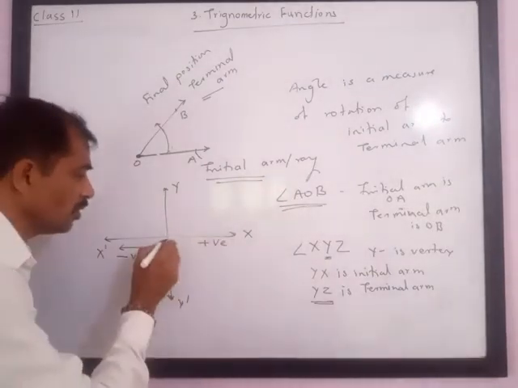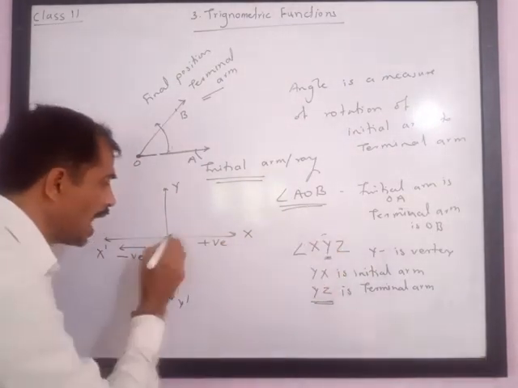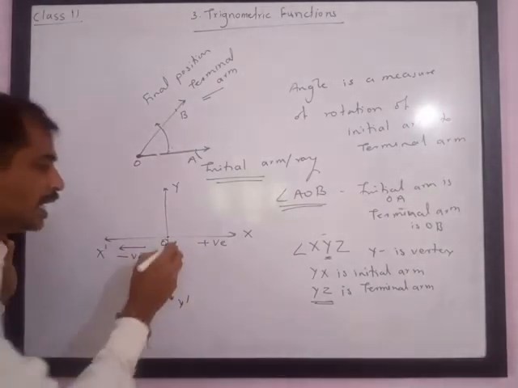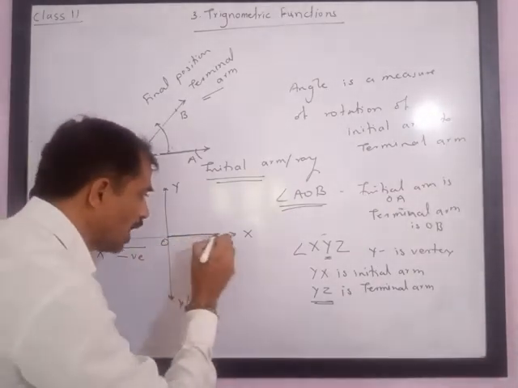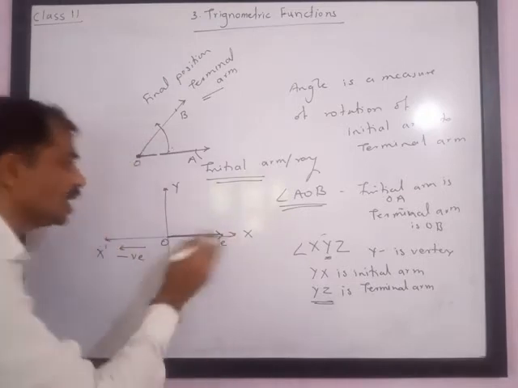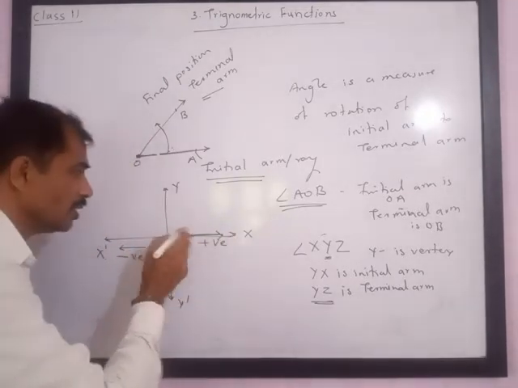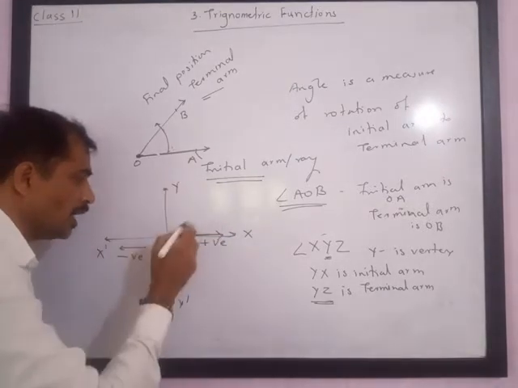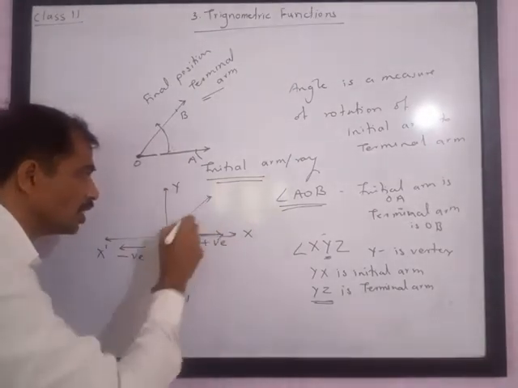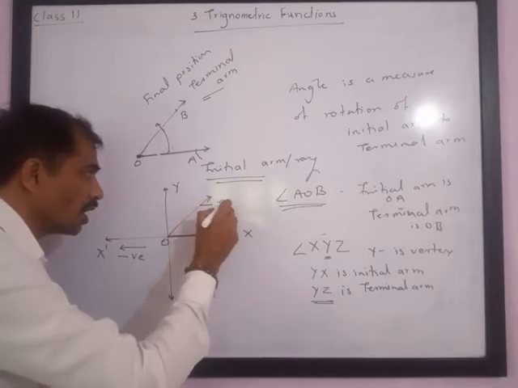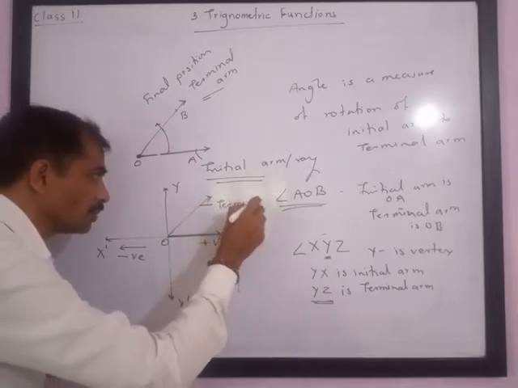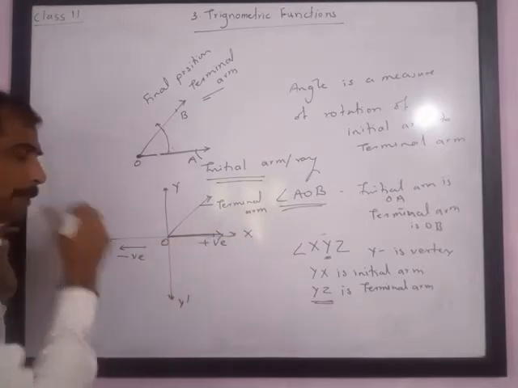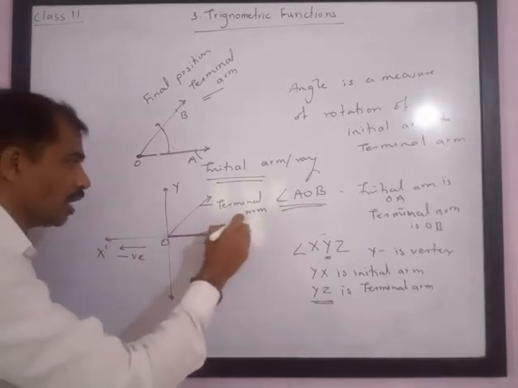Now if we consider this vertex at O, the origin, and the initial arm along the positive direction of the x-axis, and this initial arm is rotated, we will get a certain angle. This is called the final position or terminal arm, and this is the initial arm.